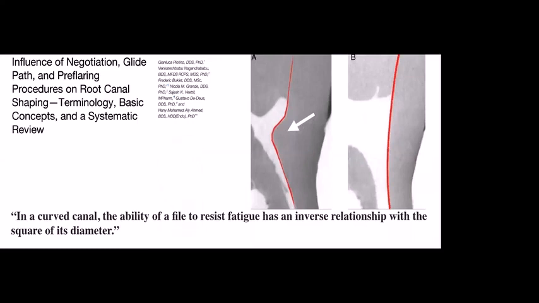Another easy procedure that we can do in order to decrease the stress of the file is to eliminate the coronal interference that we can see with the arrow. Why? Because if we get a straight line access to the middle or apical root canal, the cyclic fatigue stress will be lower.